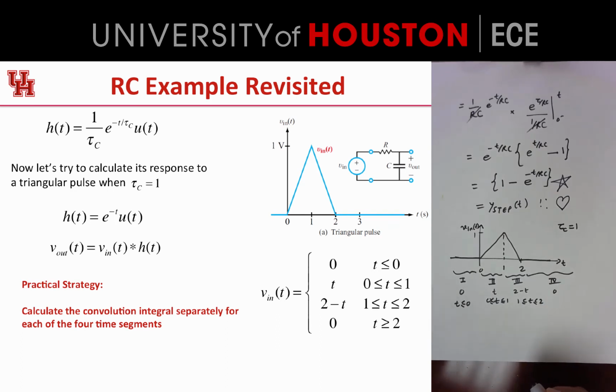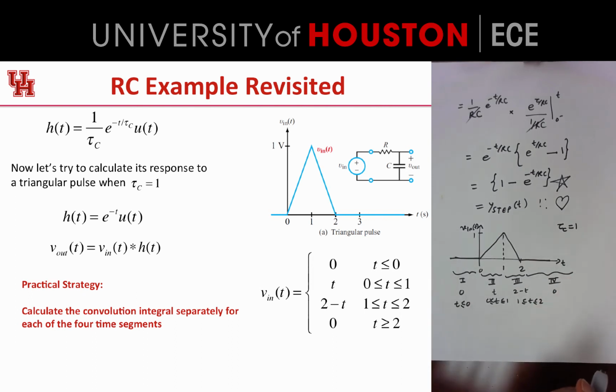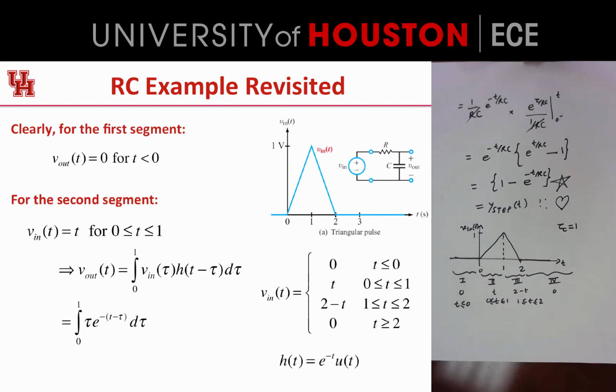So if you want to calculate the convolution integral for this, we have to calculate this over these 4 different zones, or sections, or time segments. That would be a technically nice way to call it. Okay, let's make that happen.